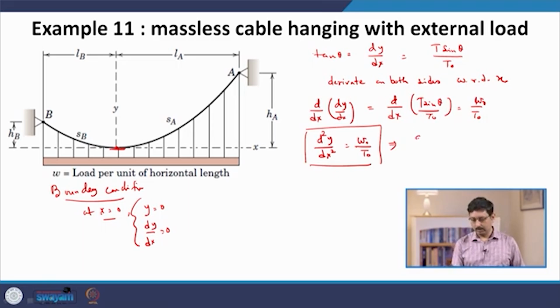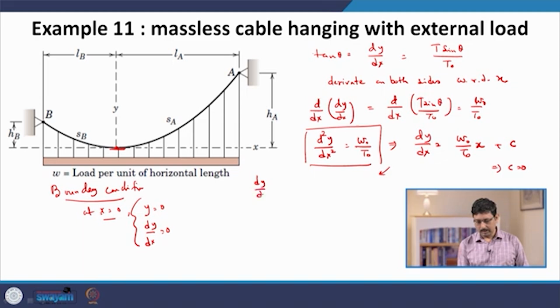Now, if we integrate both sides, we get w naught by T naught times x plus some constant c. Now, at x equal to 0, dy/dx is 0, so this means c is 0. So, we have dy/dx equal to w naught x by T naught.